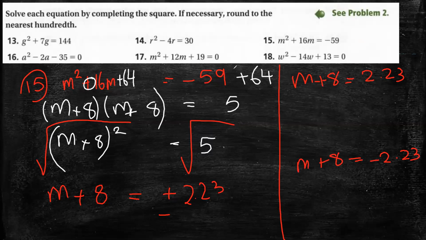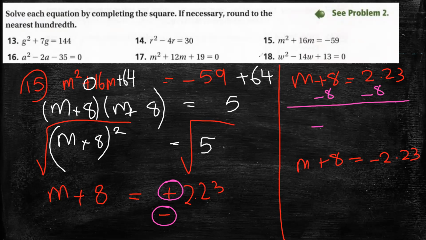Since we have a square root, one is positive and one is negative. So m plus 8 is 2.23, minus 8 on both sides. So 2.23 minus 8 is negative 5.77. This is the first root of m.